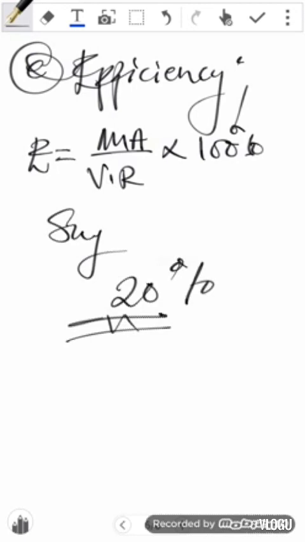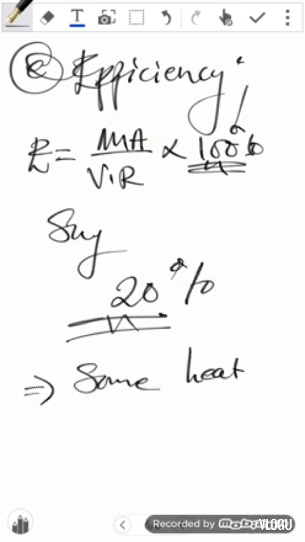Now, efficiency in real life is never equivalent to 100%. The reason is because some of the heat energy is lost due to friction.